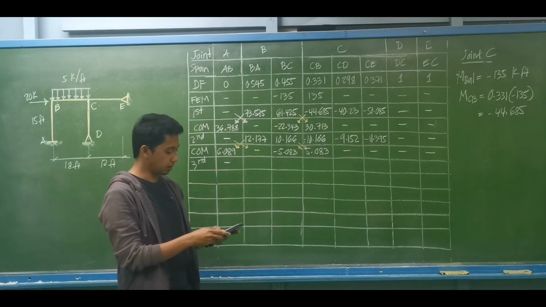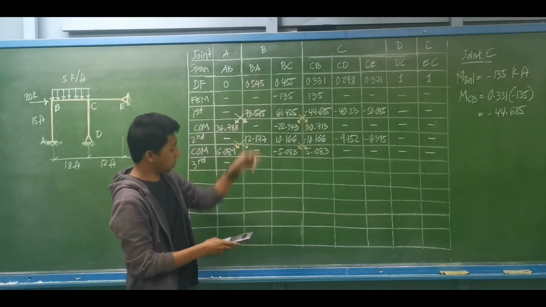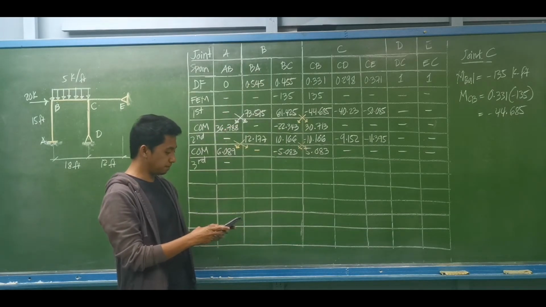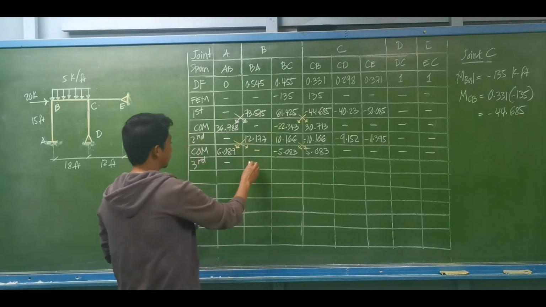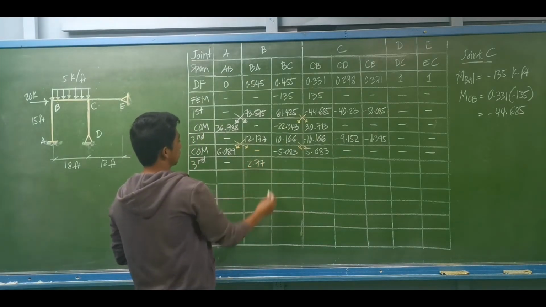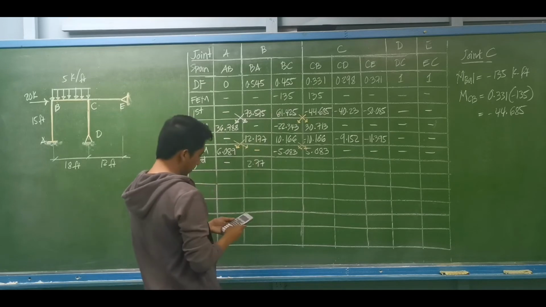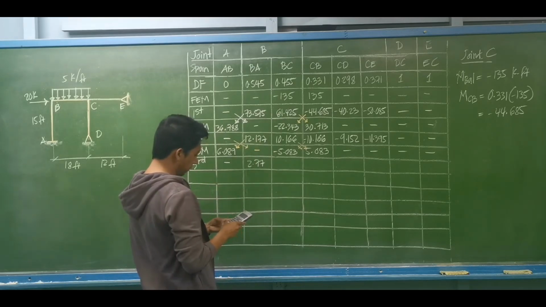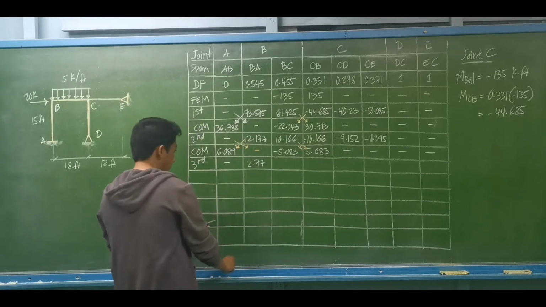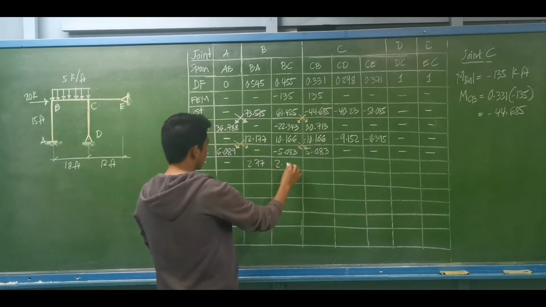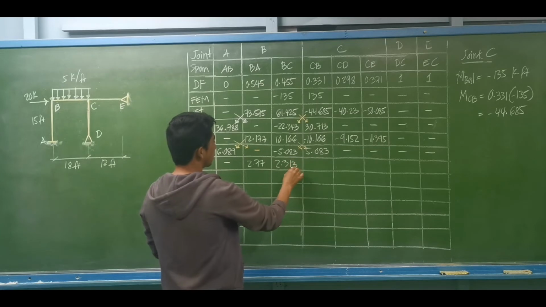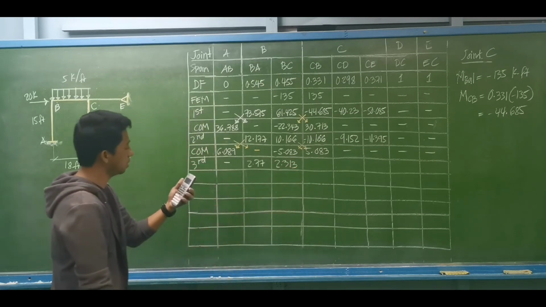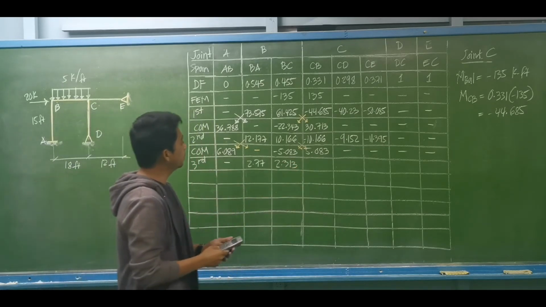Positive 5.083 times 0.545. That will be equal to positive 2.77. Then, 5.083 multiplied by 0.455, we have 2.313.